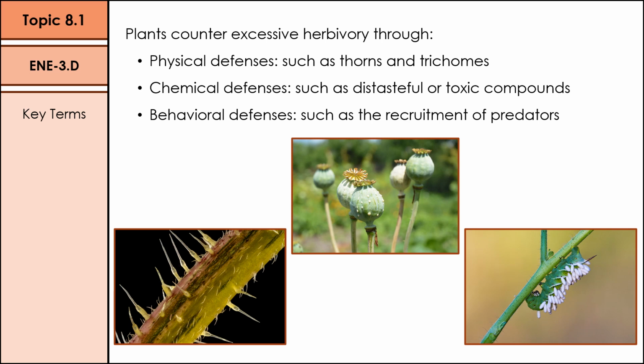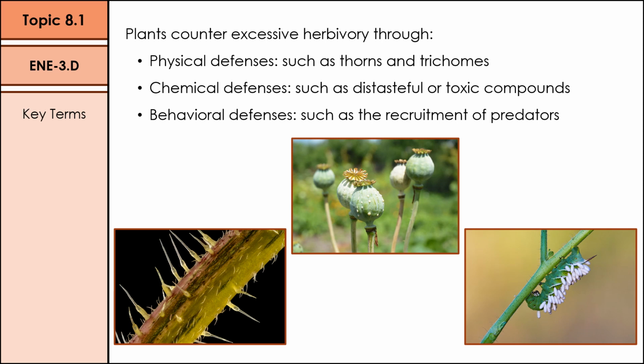So we have three major types of defenses that we are going to end our discussion with, and those are physical, chemical, and behavioral. Physical defenses may include structures, things like thorns, trichomes, that decrease the likelihood that something is going to want to touch you. Chemical defenses, we've got toxic compounds, we've got things that may smell bad. Maybe you don't want to be around them.